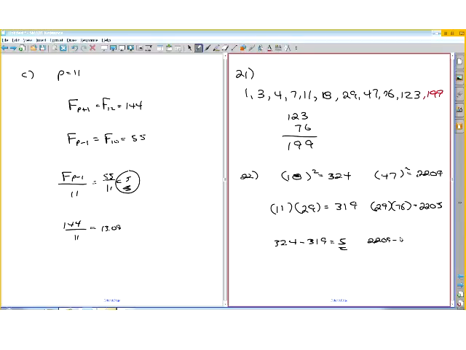Subtract the smaller one from the larger one, and you get 5. Okay, how about that? Make a conjecture. So the conjecture is if you take the nth term, square it, and subtract off the n minus 1 times the n plus 1, you get 5.